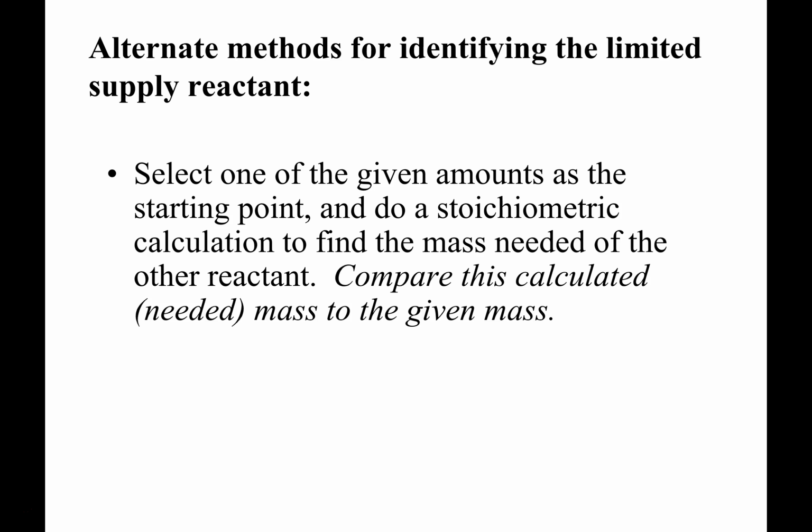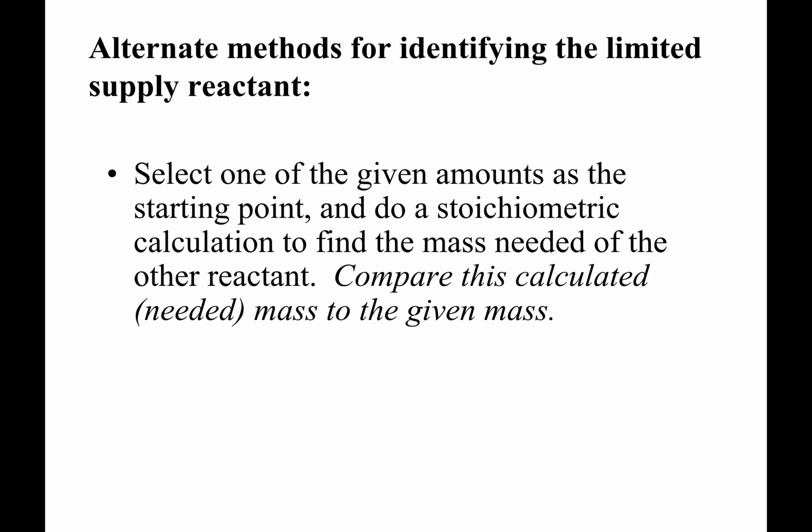So if, for instance, you need 5 grams of that, but you have 10 grams of that, then this must be in excess. If you need 10 grams and you have 5 grams, that means that the other one was in limited supply. So you can deduce it from there.